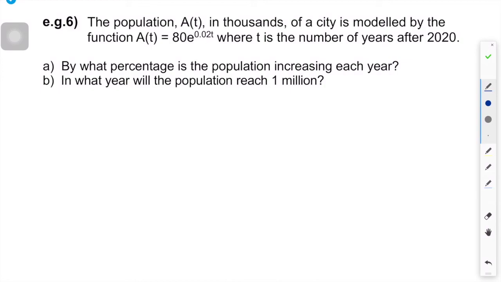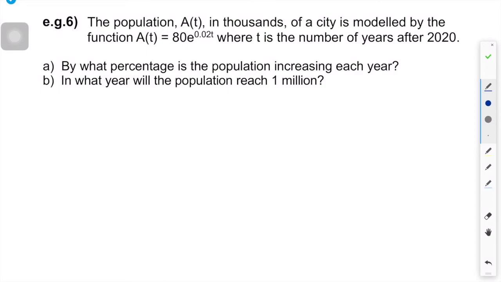A, by what percentage is the population increasing each year? And B, in what year will the population reach 1 million? Well, the most direct way to find the percentage without any shortcuts, that's what I mean, is by comparing your population in 1 year to the next, and then look at the percent increase, right?